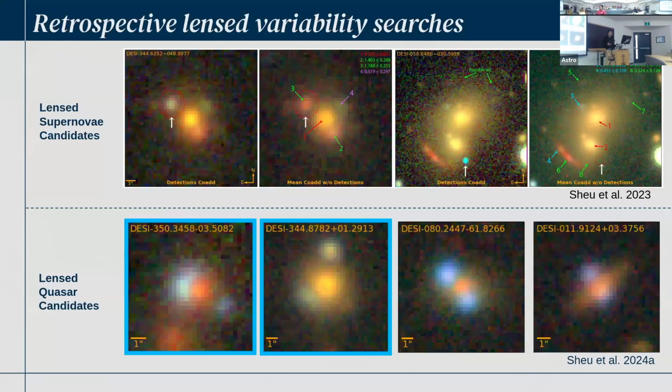The usual scenarios are either lensed supernovae or lensed quasars. I've been involved in searching for both of these kinds of systems, but they both have their pros and cons. For lensed supernovae, their light curves are very well defined. Especially with type Ia supernovae, we know that their light curves are fairly standard.